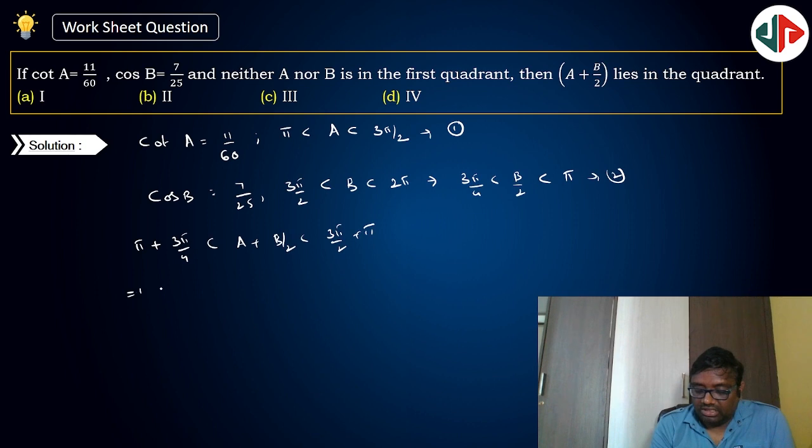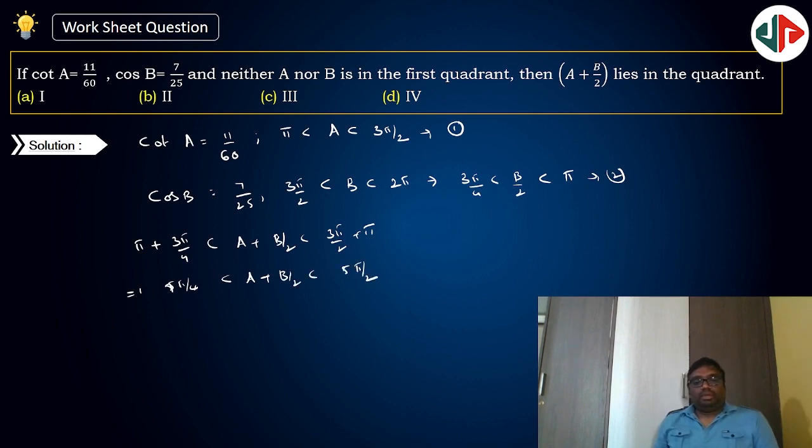So this value is 7 pi by 4 less than A plus B by 2 less than 5 pi by 2. So 7 pi by 4 to 5 pi by 2 means it is lying in the fourth quadrant or first quadrant. So second quadrant and third quadrant will not be satisfied.